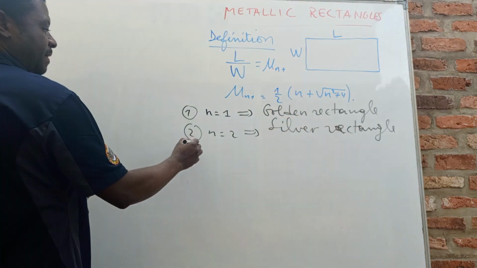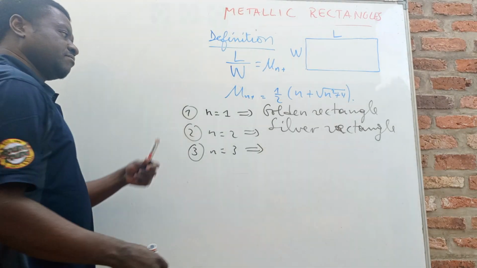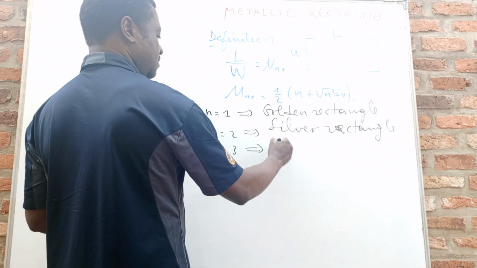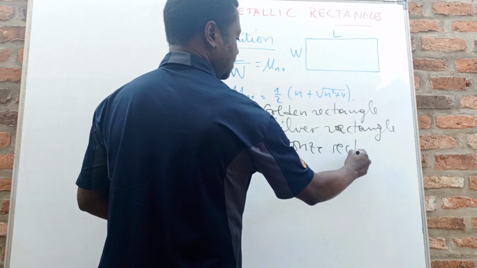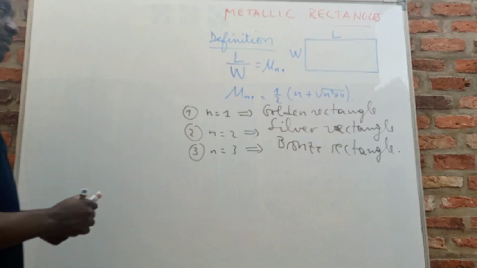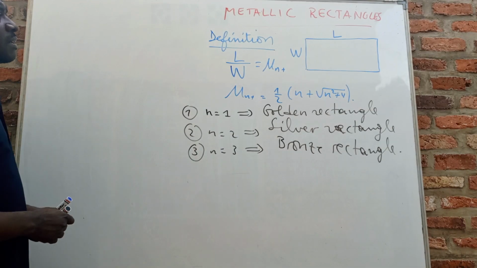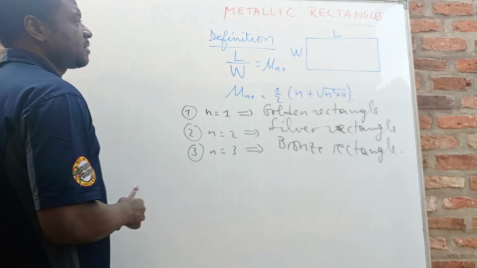And for n equal to 3, in literature and from history we call it the bronze rectangle. Now, some properties.